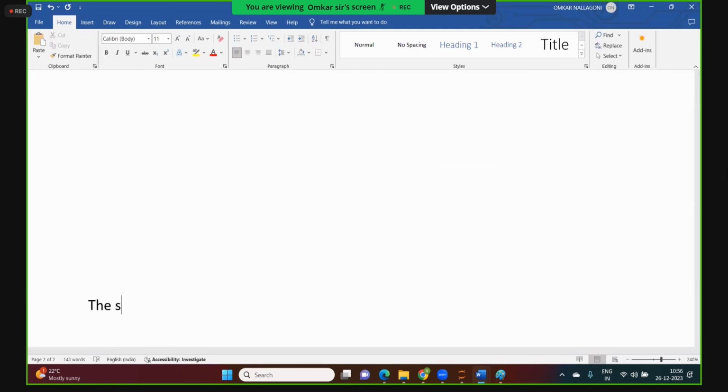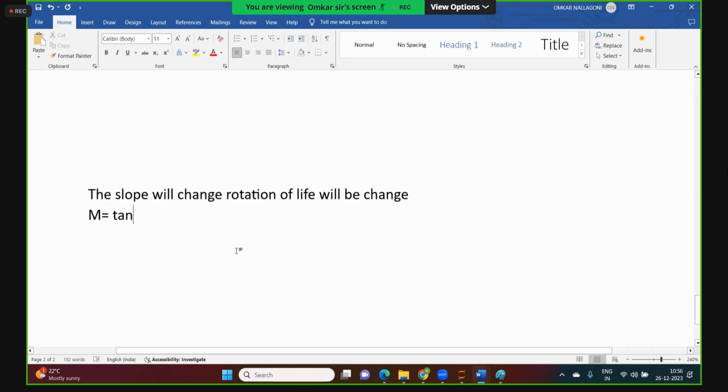The slope will change, the rotation of the line will change. Slope m is equal to tan theta. What is the m formula generally?